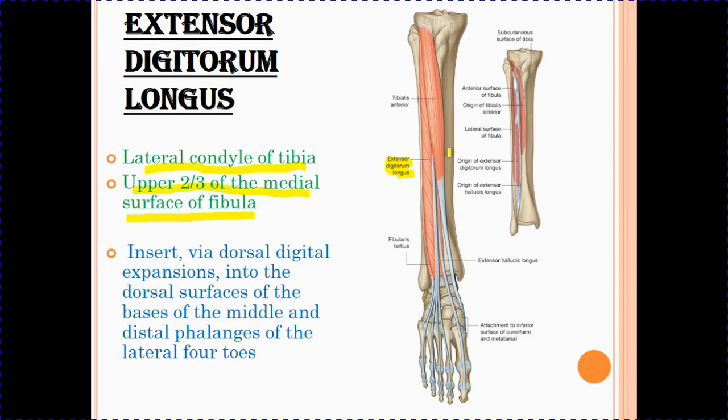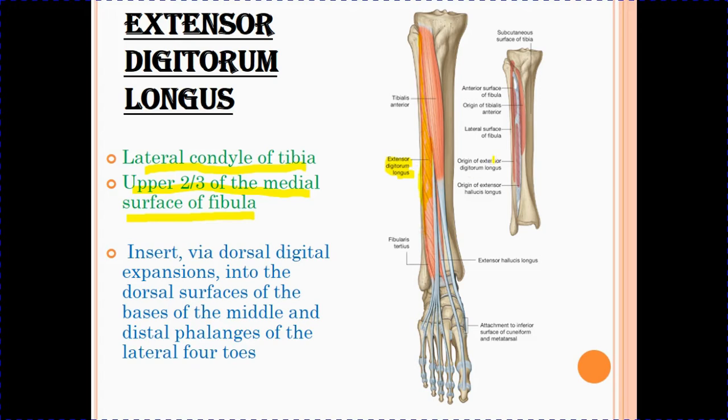Now we will look into the figure. See, this is extensor digitorum longus. It is arising from the lateral condyle of the tibia as well as from the upper 2/3 of the medial surface of the shaft of the fibula.